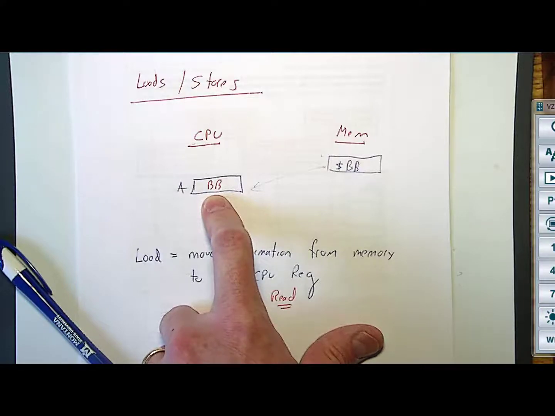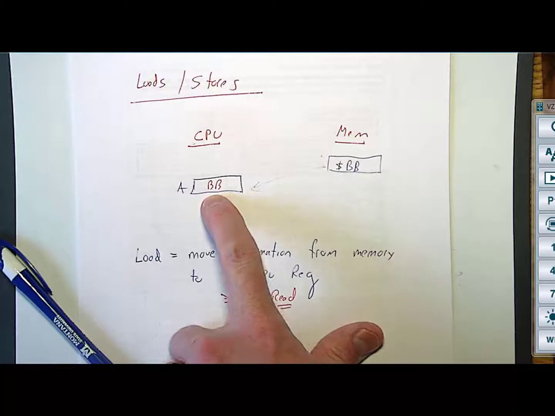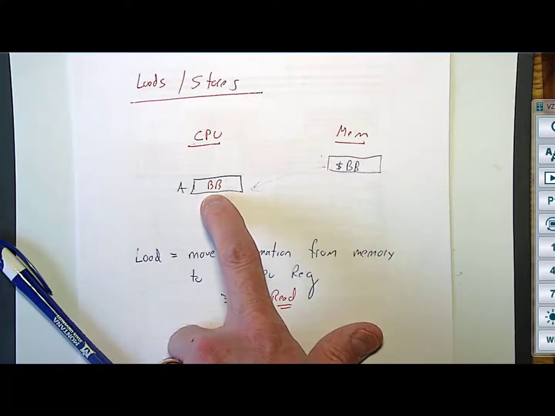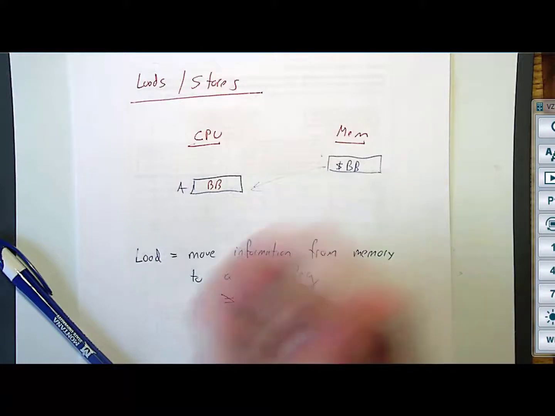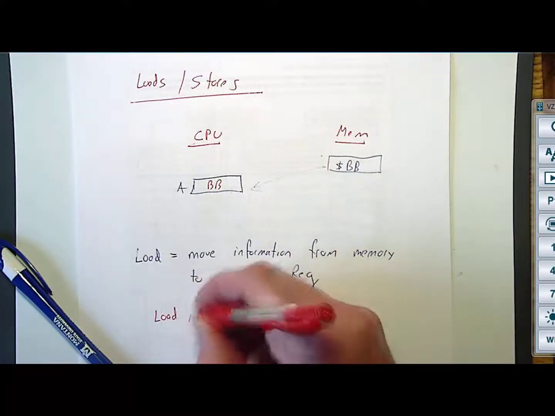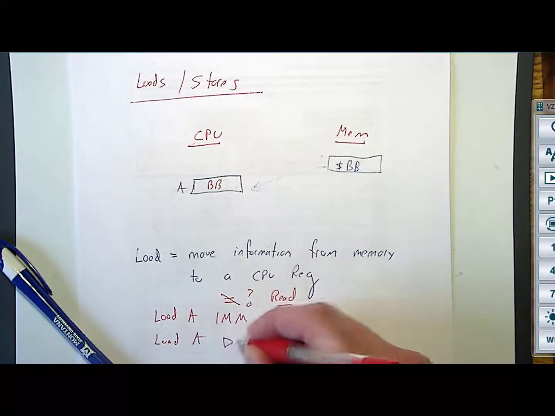If I use direct, where is the information going to come from that I put into A? Yeah, the address that is the operand. So I'm going to have to go read the operand and say, oh, it's an address. Then I'll go out to that address, grab the information, and put it into here. So there's actually two types of loads. In fact, there is a load A using immediate and a load A using direct.